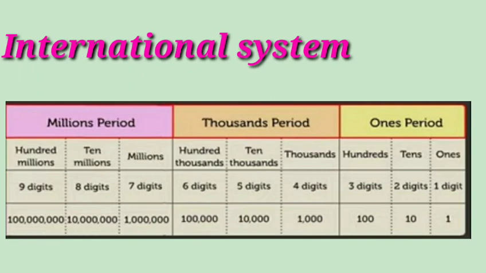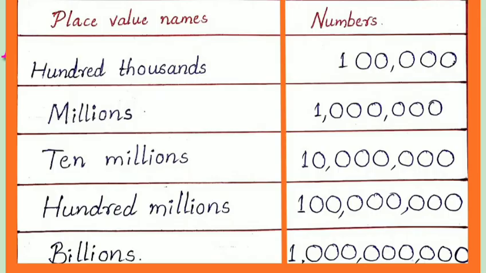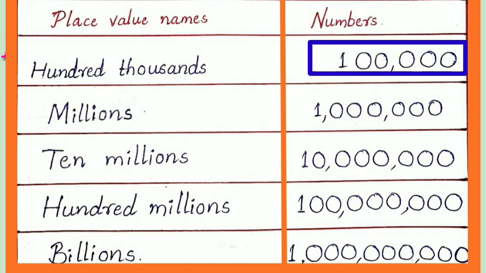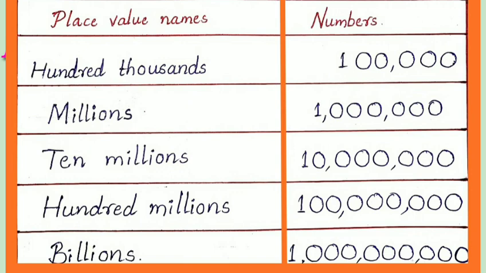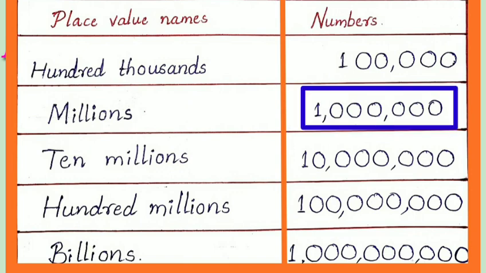In ones means 1 and 10 and 100, 1000, 10,000, 100,000. In 100,000, how many zeros are there? 5 zeros are there and 6 digits are there. Okay, this is the important point. In million, how many digits are there? 7 digits are there.